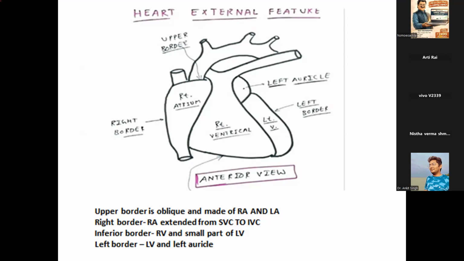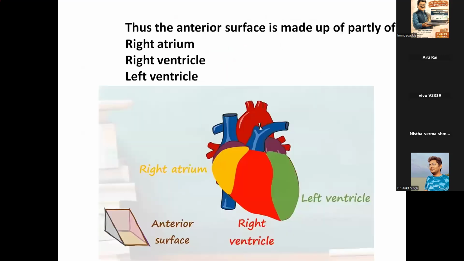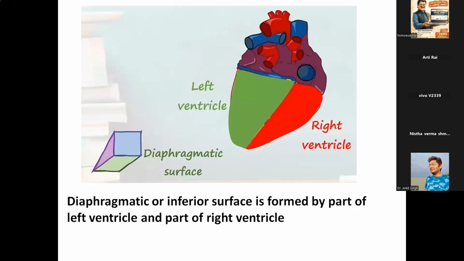So these are the borders of the heart. Upper border: right atrium and left atrium. Right border: the right atrium. Inferior border: right ventricle and left ventricle, while the left border is contributed by the left auricle and left ventricle. Again, the anterior or sternocostal surface is contributed by the right atrium, right ventricle, and left ventricle.